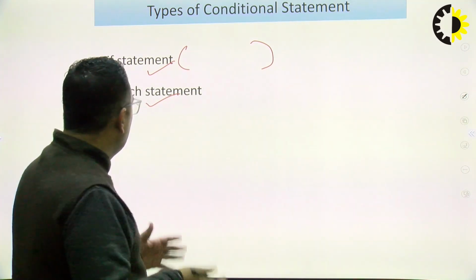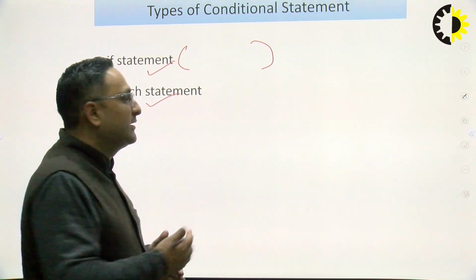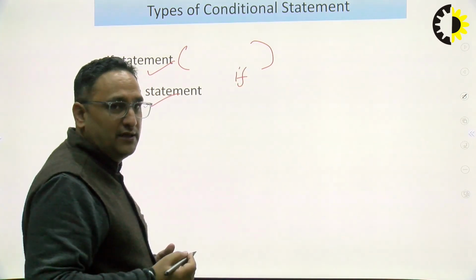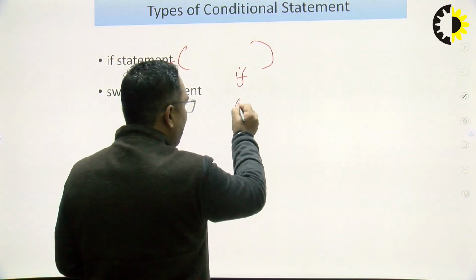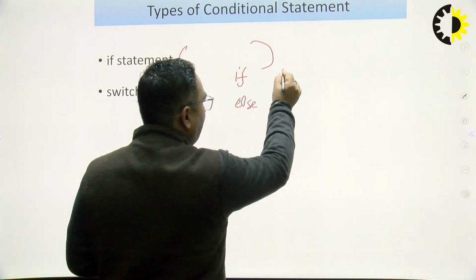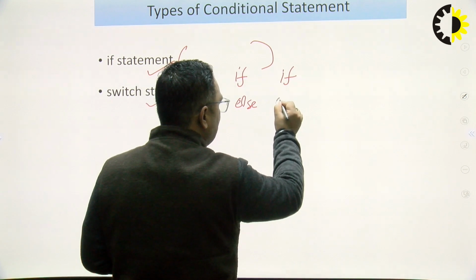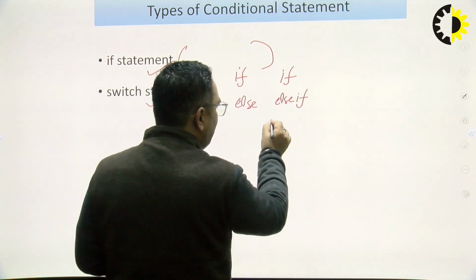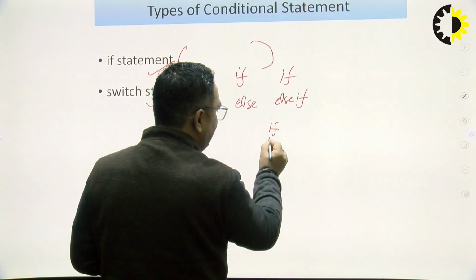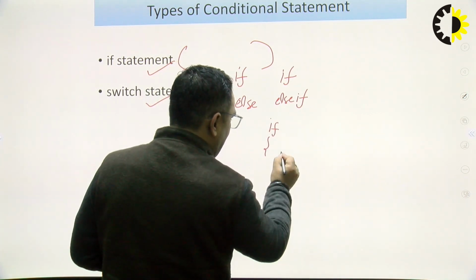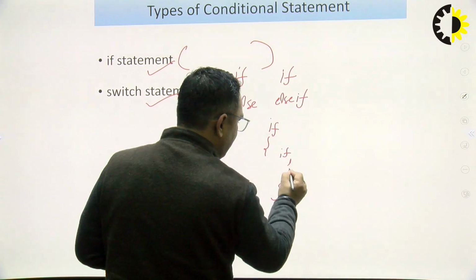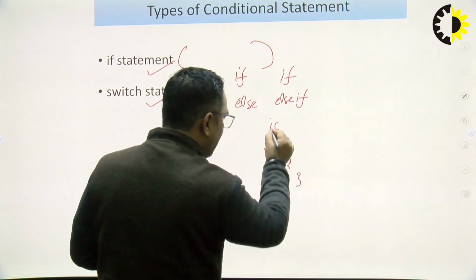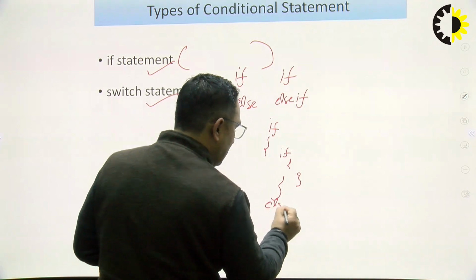The underlying concept is the if statement, but it can have alternative paths in the code. So it can have if, else, or if, else if, or it can also have if, and then within that if, again an if, and then the else part of that, and then else for the outer part.